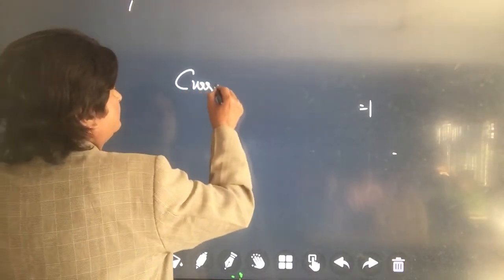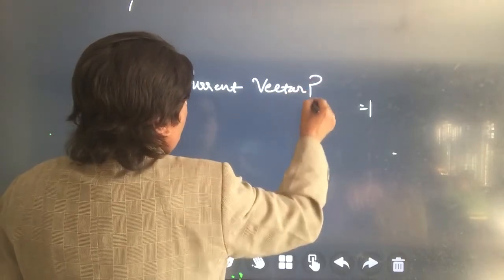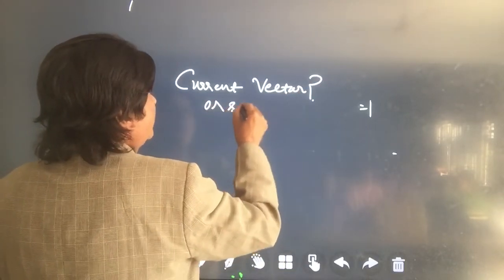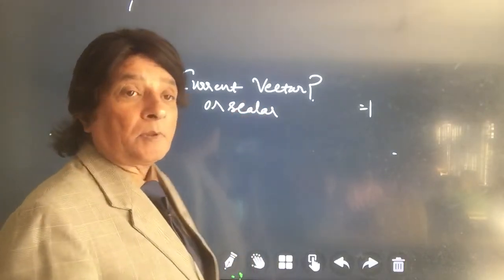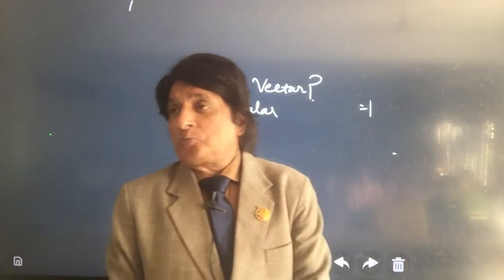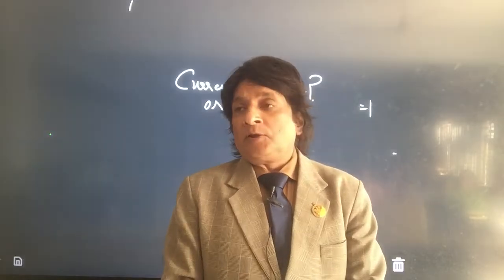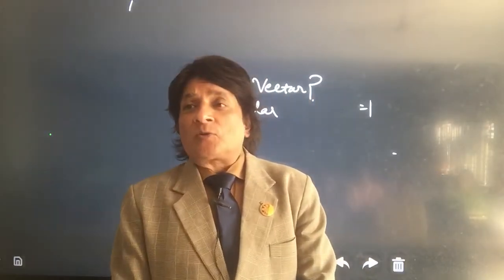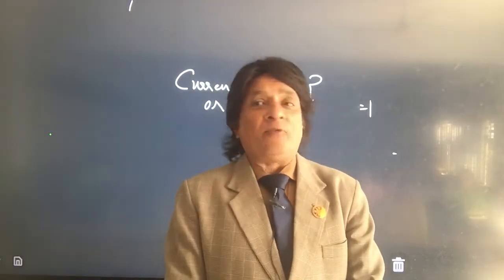Current: vector or scalar, that is the discussion. What is current? It is the rate of flow of charge. The current flows always opposite to the direction of the flow of electrons.